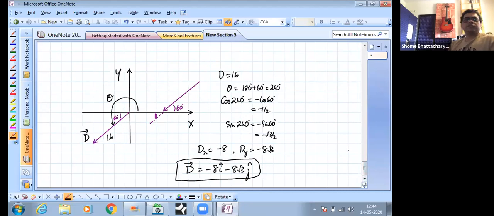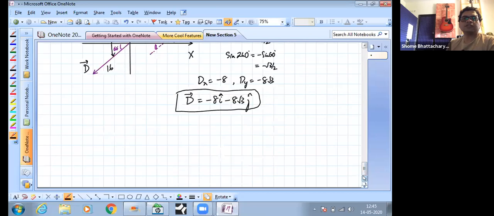Now, when we start doing algebra of vectors, addition, subtraction, etc., using components, you'll understand why it is so important to get these signs correct. If I make a mistake and write vector D instead as, let's say, 8 i cap minus 8 root 3 j cap or something else, then it is going to give me the wrong result when I do algebra with it. Because if I give you this vector and ask how the vector D looks, you'll get it correct because you can see the x component is negative, it is minus 8, and the y component is negative, it is minus 8 root 3.